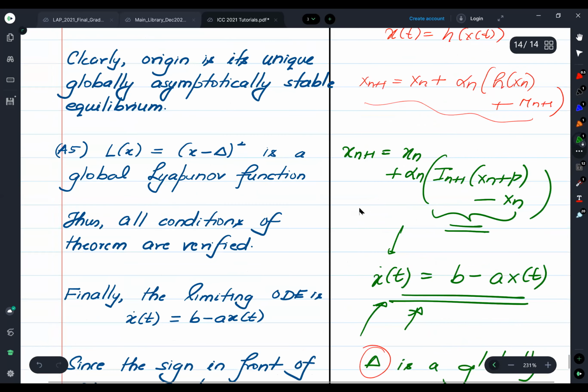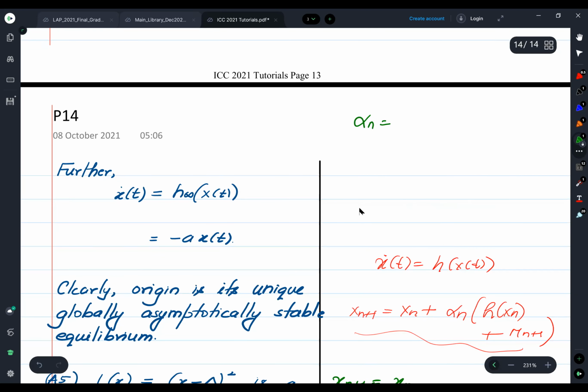For example, if you choose alpha n to be of the form 1 over n to the power sigma, where sigma is some constant between half and 1, half not included, then one can show that the expected value of xn minus delta is of order 1 over n raised to sigma over 2.